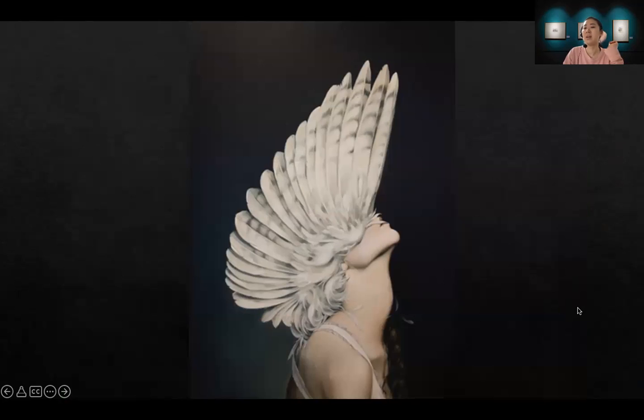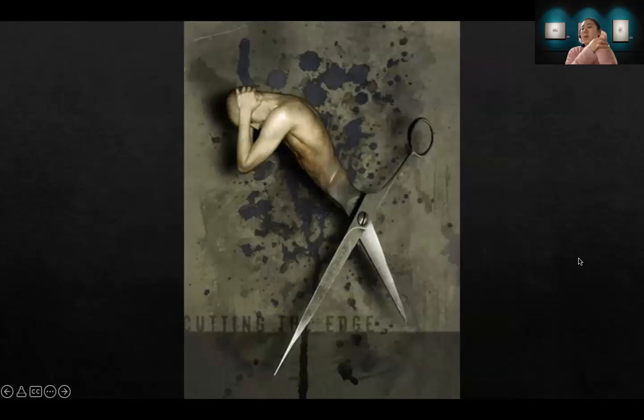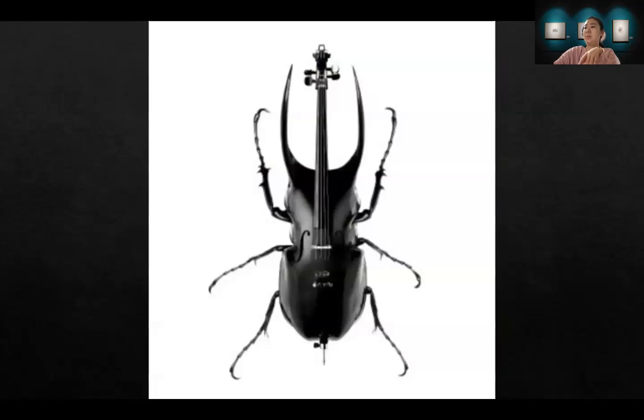It's very creative. And morphing with a turtle and an island. And it's like a photo montage picture with a figure and a scissor. Oh, looks very creative. It's a beetle with a cello.